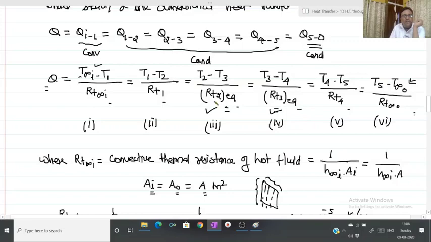Similarly, after calculating T2, if I refer to equation number 3, T2 will be known to me, RT2 equivalent is known to me, I can calculate T3. After calculating T3, if I use equation number 4, T3 will be known to me, RT3 equivalent is known to me, I can calculate T4.